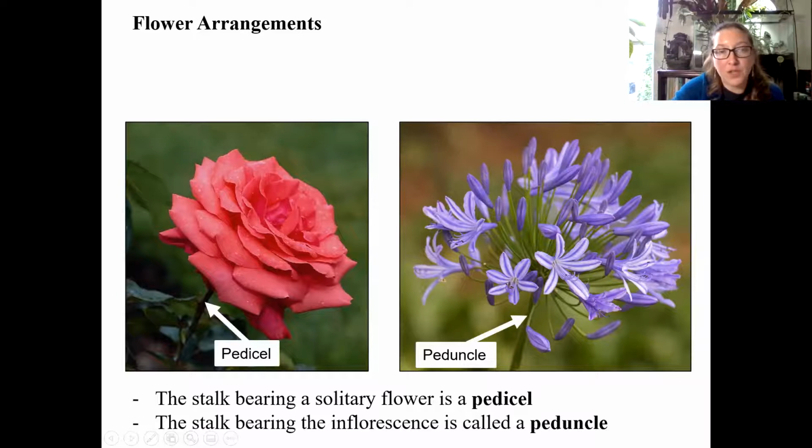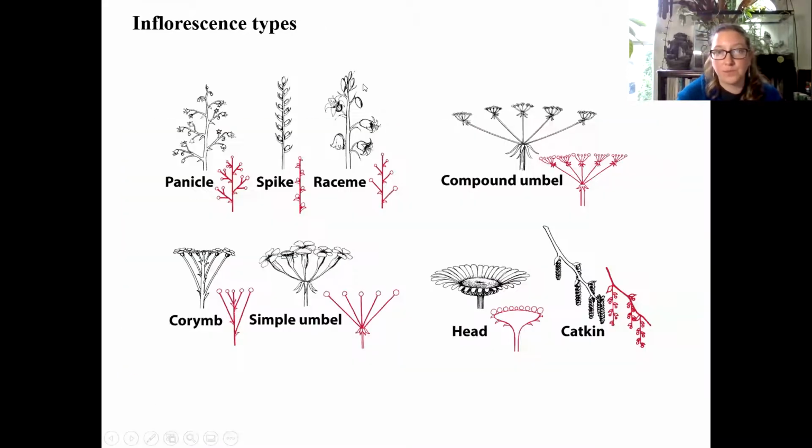Oh yeah. If you're a stalk bearing a single flower, we call that stalk a pedicel. If you're a stalk bearing an inflorescence, it's called a peduncle, which is a term we've already come across in another context in this class. But there are a lot of different types of inflorescences.